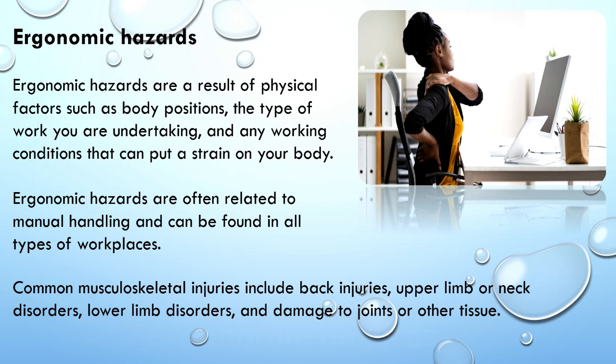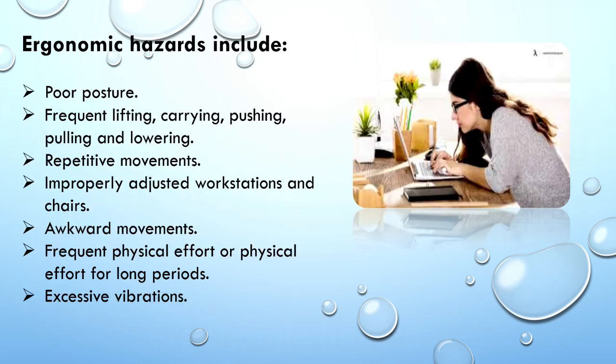These hazards are often related to manual handling and can be found in all types of workplaces. The common injuries include back injuries, upper limb or neck disorders, lower limb disorders, and damage to joints or other tissue. Poor posture is one of the ergonomic hazards.